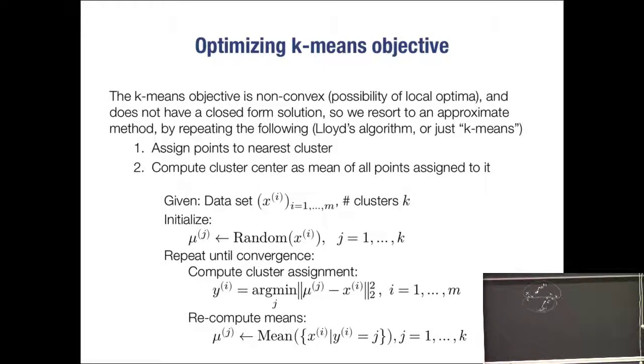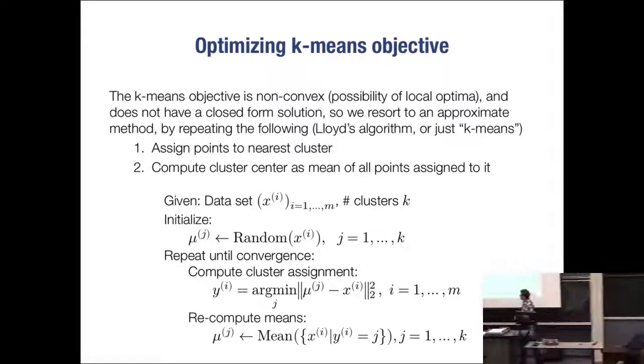But as long as you sample k different ones, you're probably okay, though with a big caveat I'll mention in a second. Yeah? How do you decide what to pick for k? Great question. The question was, how do you decide what to pick for k, which I'll also talk about. We'll get to that in a second.